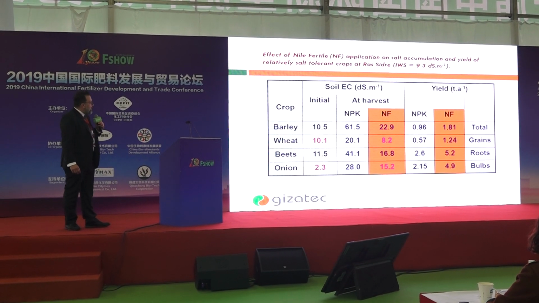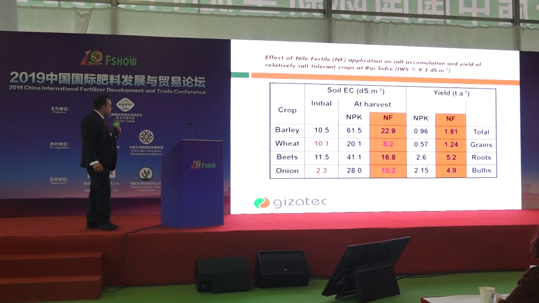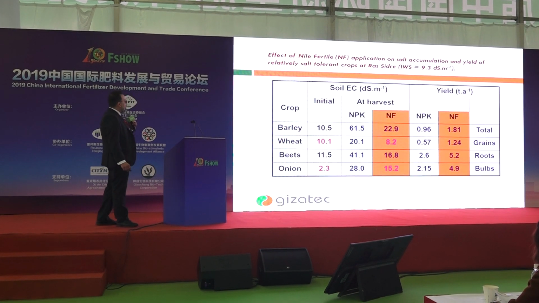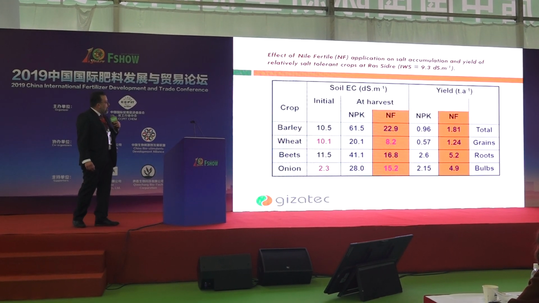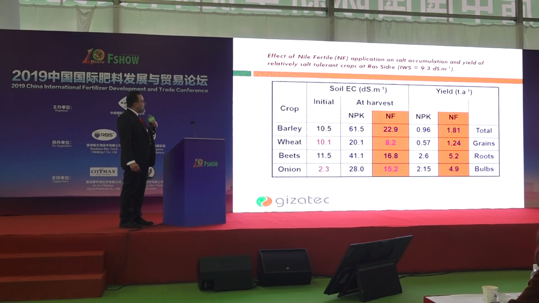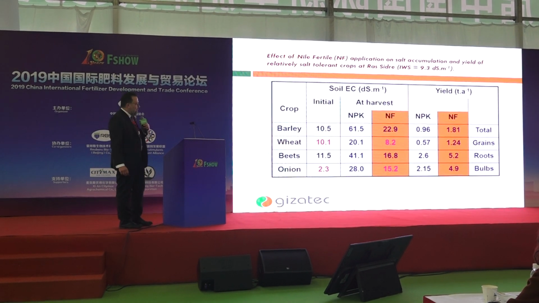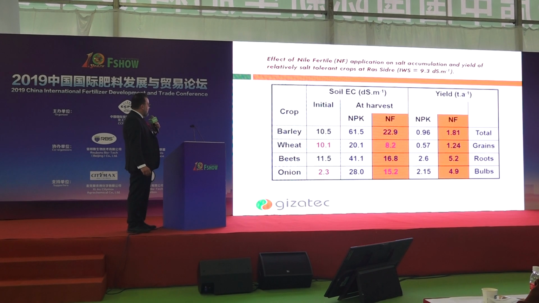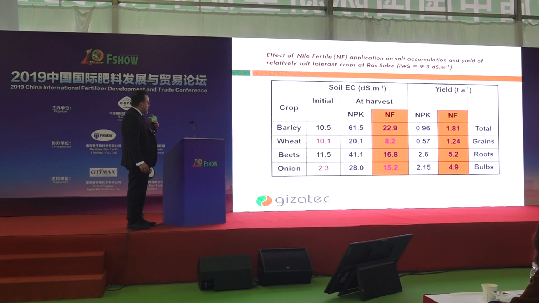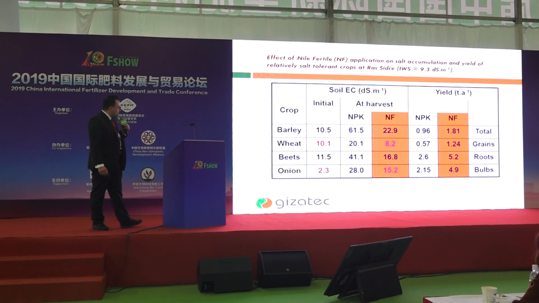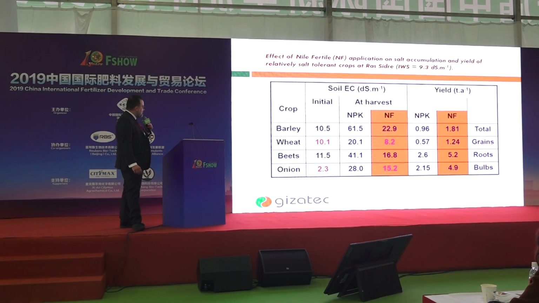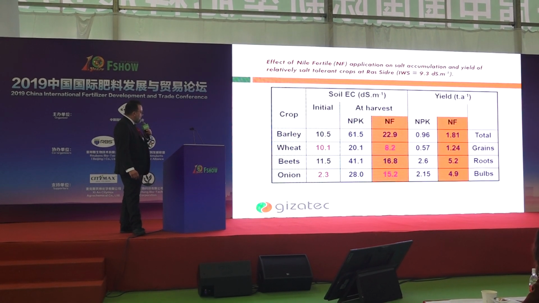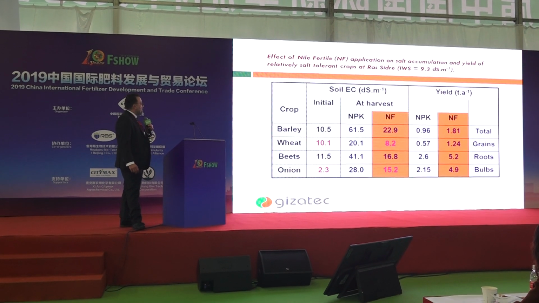Effect of Nile Fertile application on salt accumulation and yield of relatively salt-tolerant crops at Ras Sedr and Sinai. Well, the irrigation water salinity is 9.3 dS per meter. As we can see here, the first line in the table showed the initial EC in the soil, and at harvest, the difference between EC when Nile Fertile was applied and the normal practice of NPK.